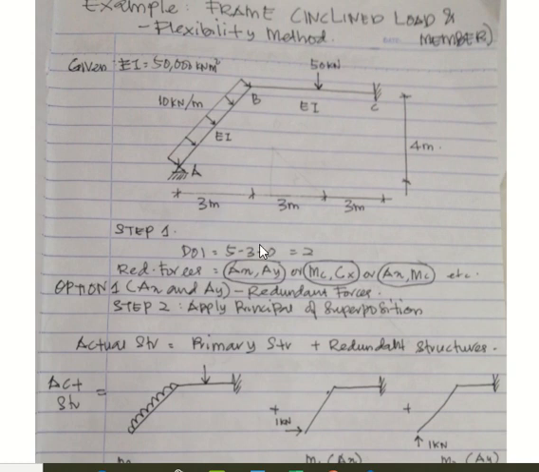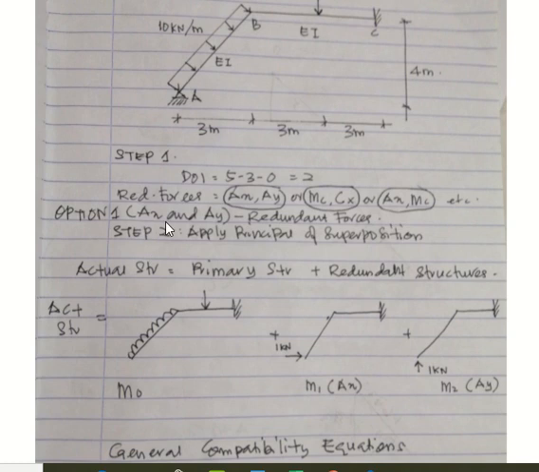For option number 1, let me proceed with option number 1, where we choose AX and AY, or reaction at A in X and reaction at A in Y as our redundant forces. When you choose AX and AY as your redundant forces, it means you must remove the AX and AY to form your primary structure and redundant structure.